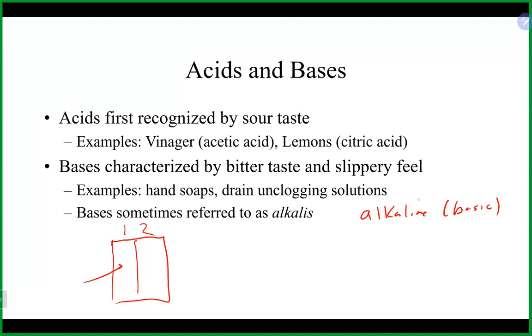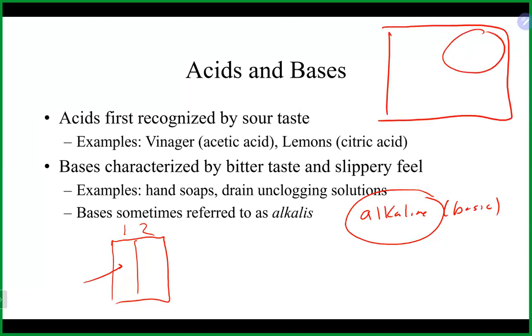Just for reference point, a lot of acids are actually nonmetals together, like NO2 or NO3 with some water. Our CO2 and H2O will make carbonic acid. So a lot of acids are derived from nonmetals coming together, and a lot of bases are derived from group 1 and group 2 on the periodic table.